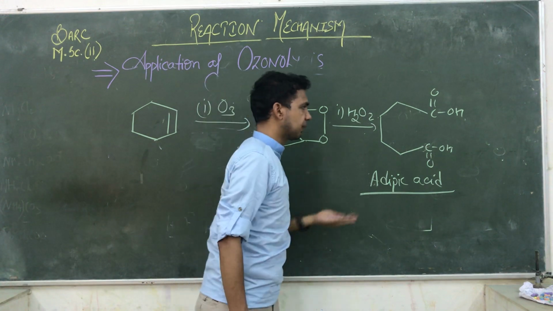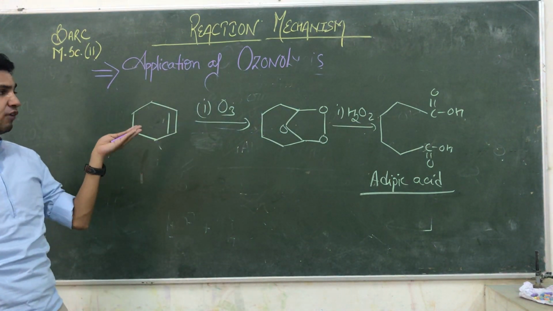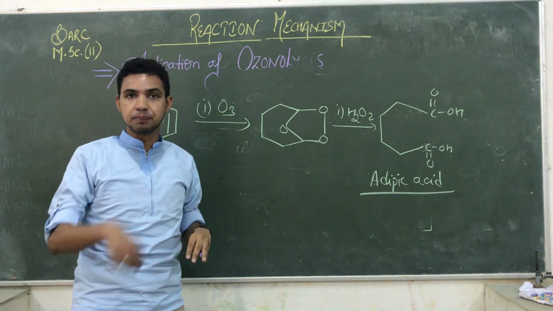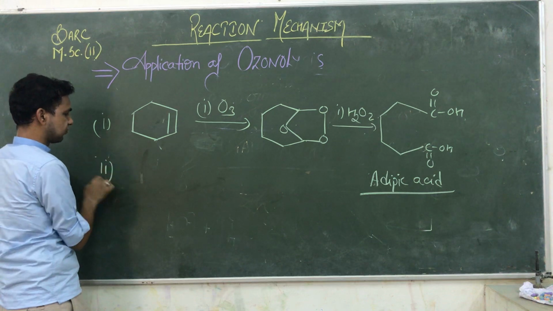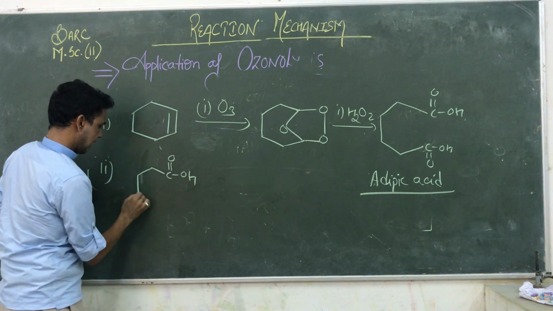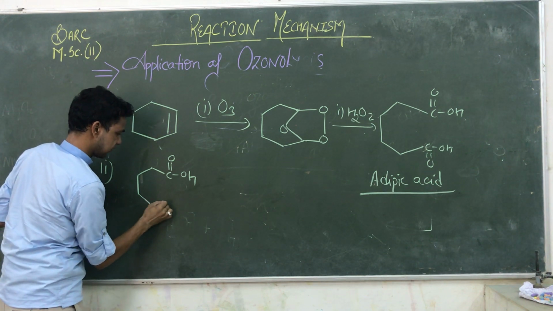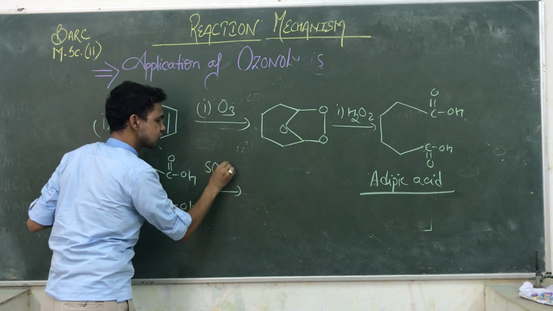See, after that what happened? We are also able to convert this compound and use it to synthesize a nitrogen cyclic compound. How? See, in the second step we are using similar kinds of compounds, like adipic acid, COOH, COOH. Here we are using thionyl chloride, SOCl2.